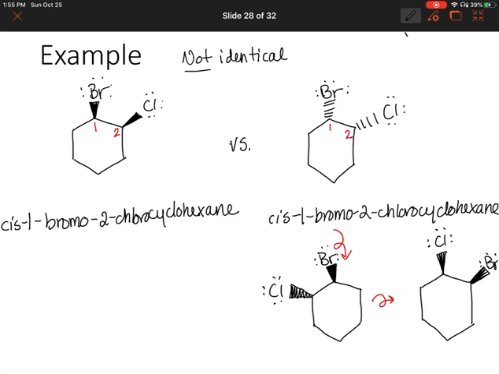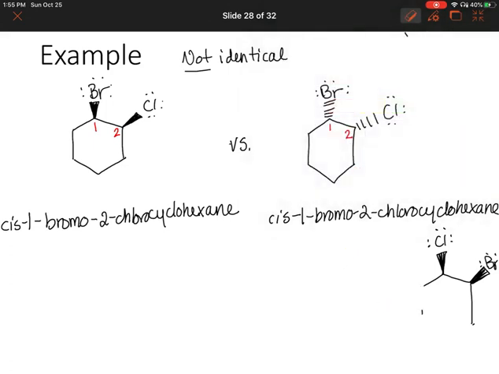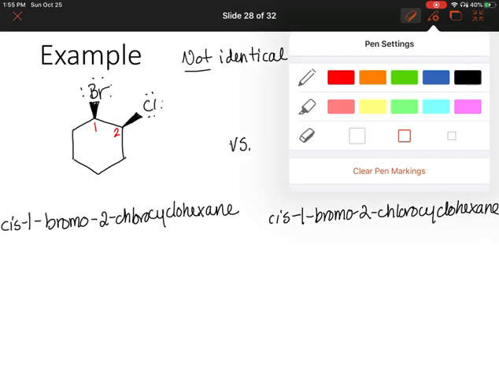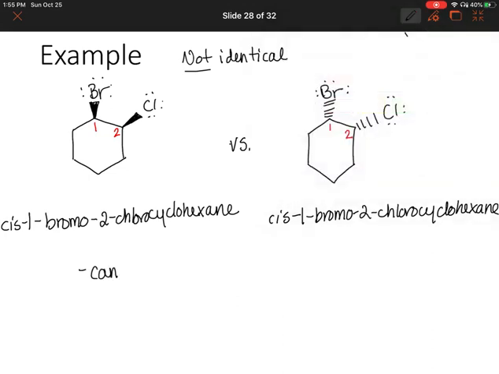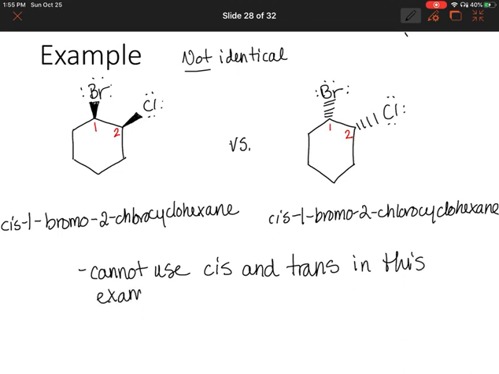We have to find some other way to show that they're different. So we cannot use cis and trans in this example. So the only other way to tell these two apart is to use R and S. So let's see if we can find stereocenters.